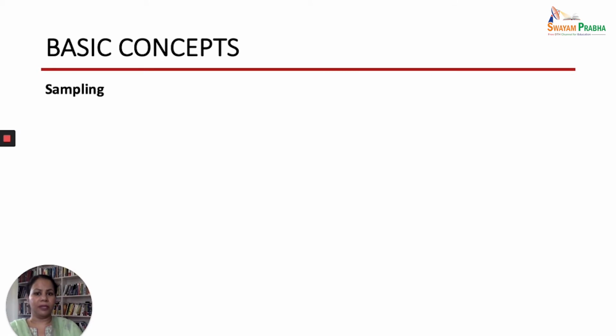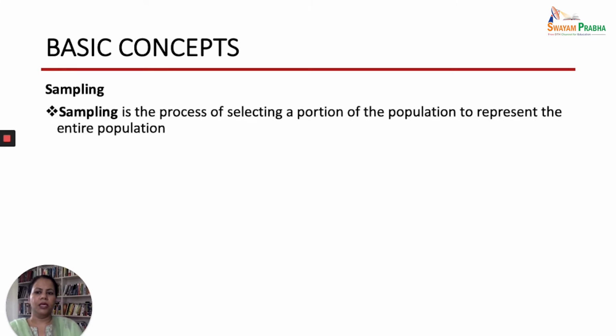Now coming to sampling. So what is sampling? Sampling is the process of selecting a portion of population to represent the entire population. If we try to think practically, it is not possible to conduct the study on the whole population, because the population might be very big, and for the researcher it is not easy to consider each and every person in the population for the research study.